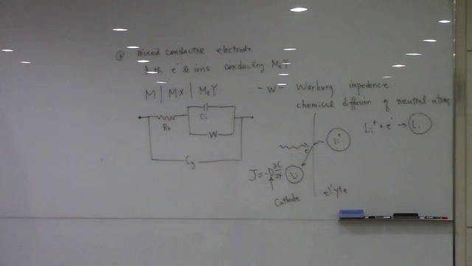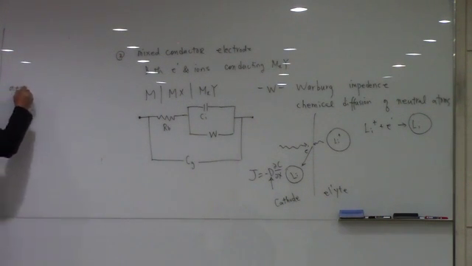Now, when you have an electrochemical cell, and this side is cathode, okay, and then we have an electrolyte in between, and this is anode. What is the real difference between cathode and anode? Can you answer that?